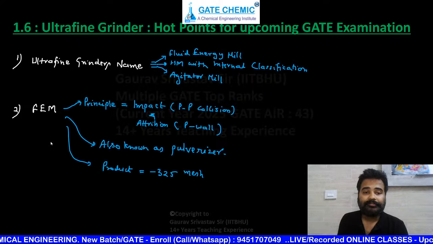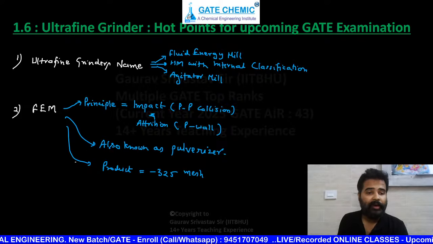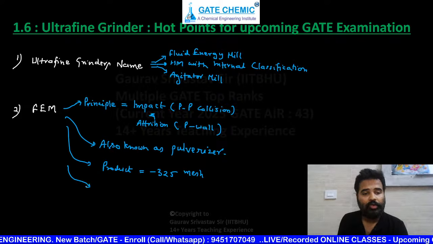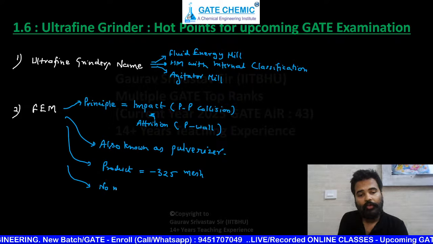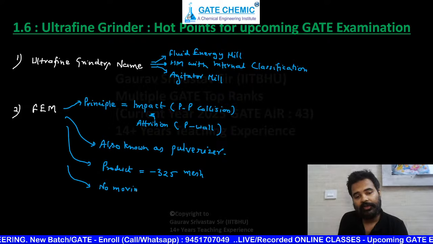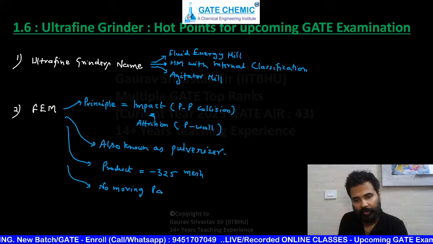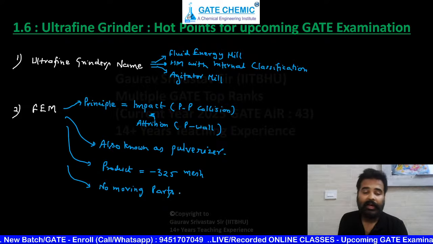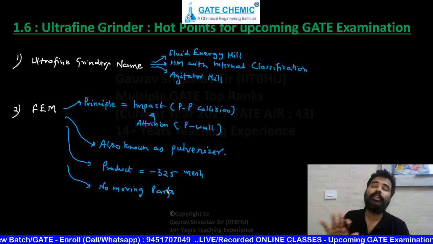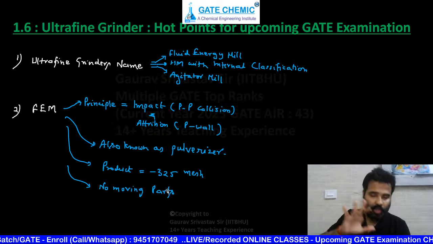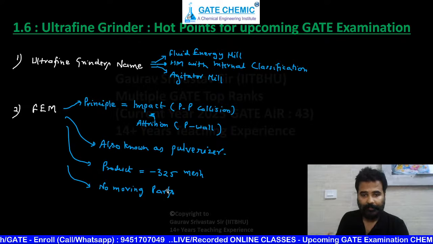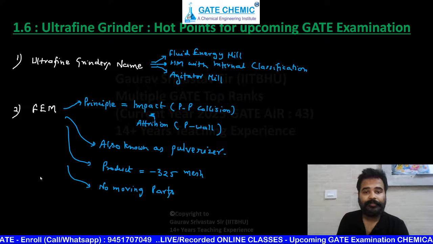Okay, and no moving parts. One more point you can add here: no moving parts. So installation is very easy, but no need to write that, just write no moving parts. It can be asked which of the following size reduction equipment has no moving parts.